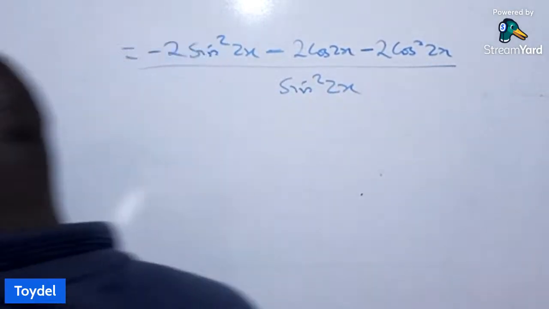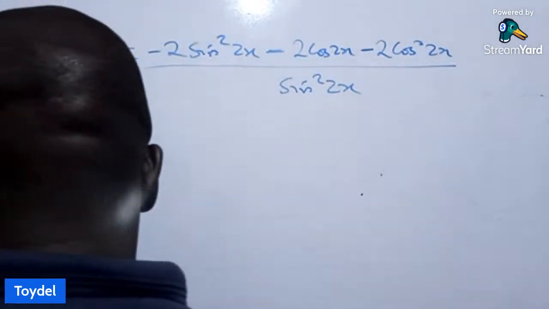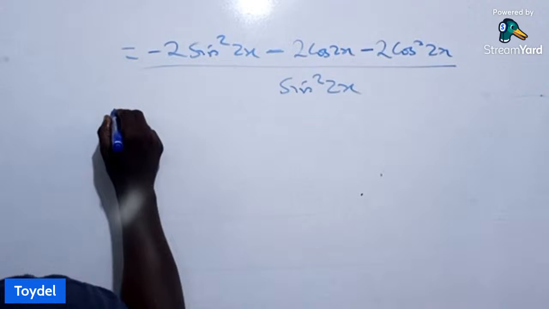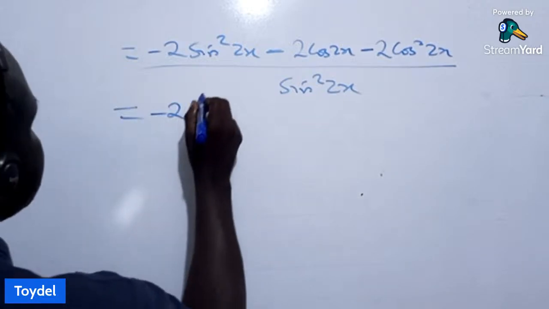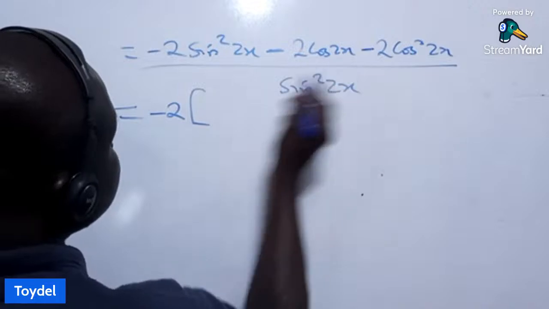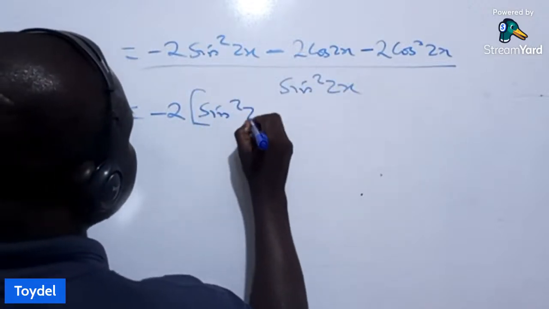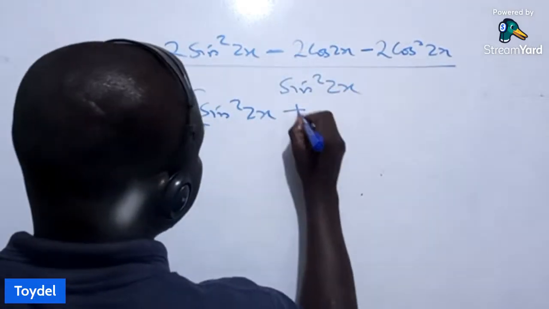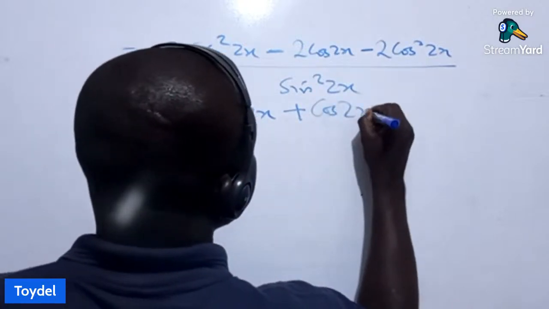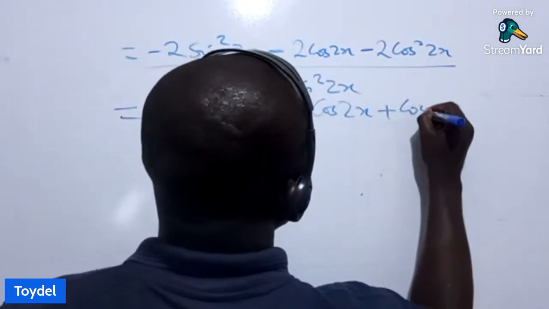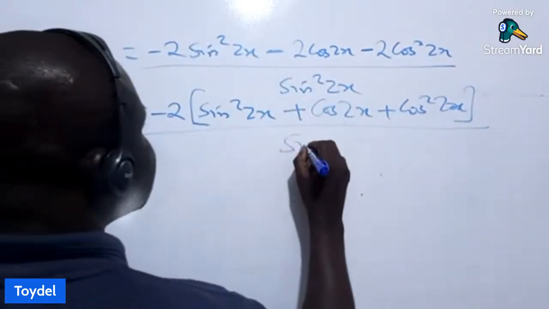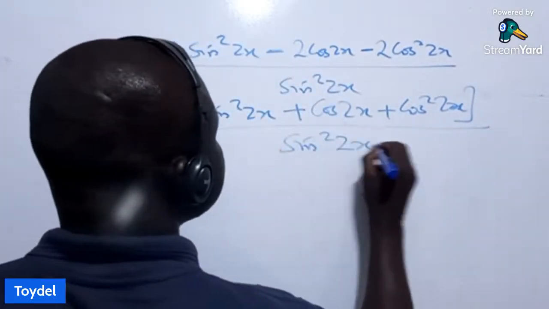Then I can try to bring out 2, or minus 2. Minus 2 is common to everything. So once I bring out minus 2, I'm going to have sin square 2x plus cos 2x plus cos square 2x, everything all over sin square 2x.